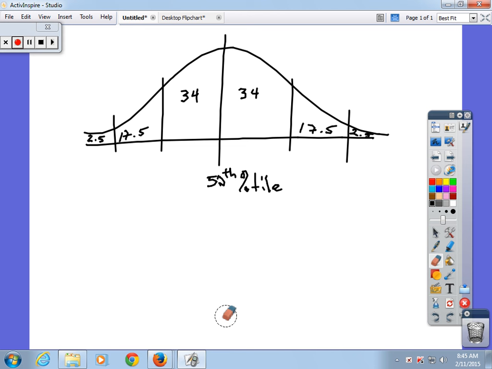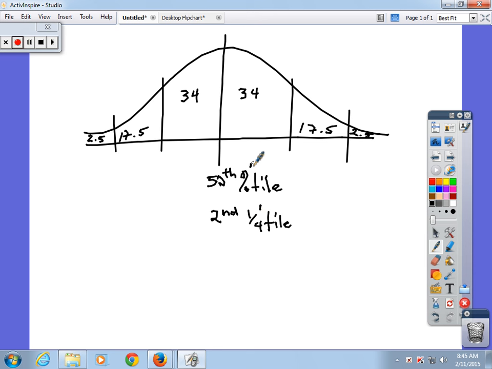Now, you could also call the 50th percentile the what? Well, which quartile is it? If this is the first quartile, what's this one? Second quartile. Okay, you need to get used to this.